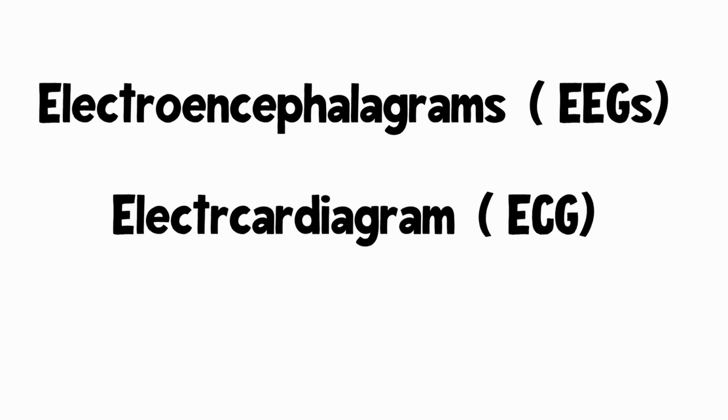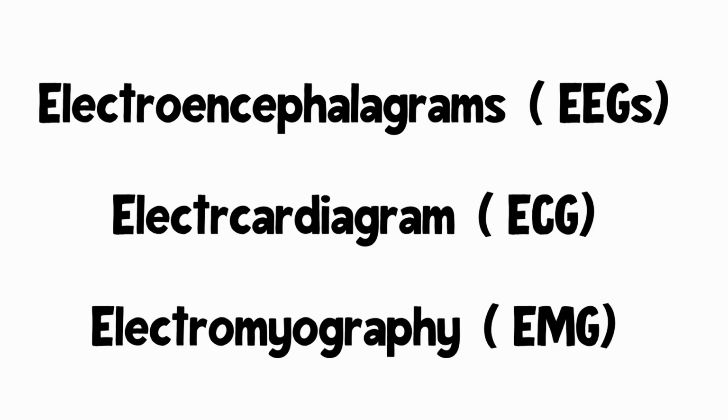The first one is electroencephalograms, or EEGs, which basically measures the brain signals. The second method is known as electrocardiogram, or ECG, which is used to measure the heart data within our body. The final method is electromyography, or EMG, which is used to measure the muscle data. And as you probably guessed, we're going to be using EMGs to detect the muscle movement within our hand.